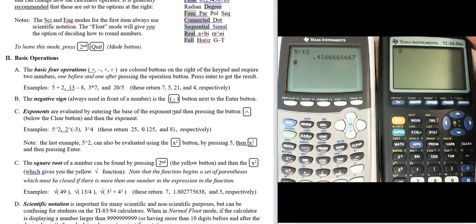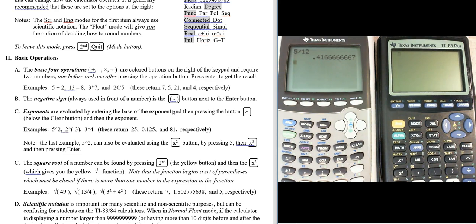Okay. Now, one thing students sometimes do is when they have to do a problem like 5 divided by 12, sometimes they'll put the bigger number in there first, even though they want 5 over 12 or 5 divided by 12.